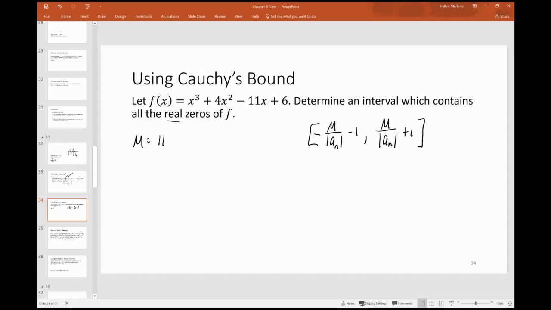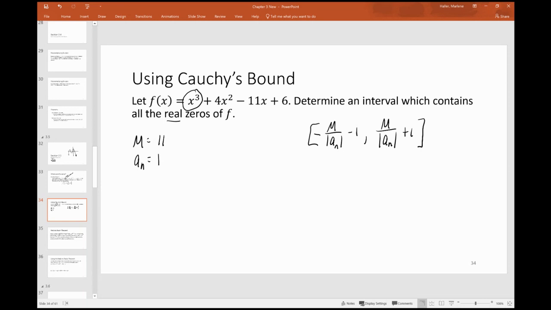All right, and then what would a sub n be, or the leading coefficient? Well, the term with the largest exponent is x cubed. The leading coefficient of x cubed, of course, is just 1.